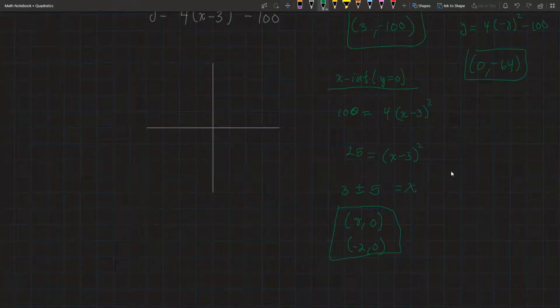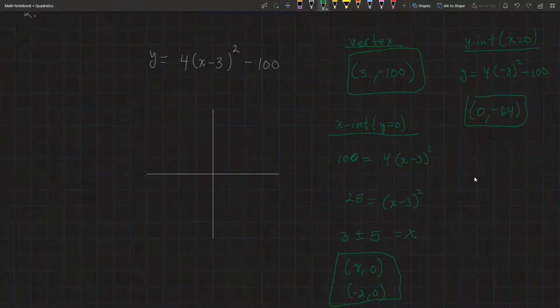So what I'm going to do now is just start plotting these points and then connecting the dots. Vertex is when x equals 3. So somewhere here, somewhere along here, this is our line x equals 3. Here's our lowest point. It is 3 comma negative 100.